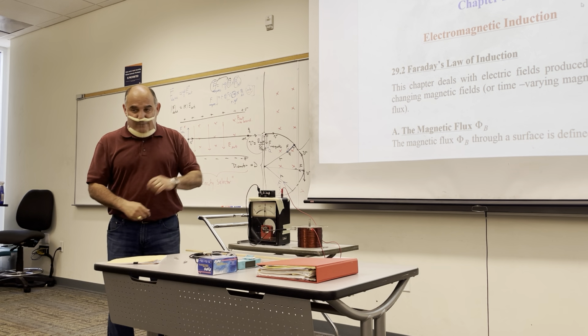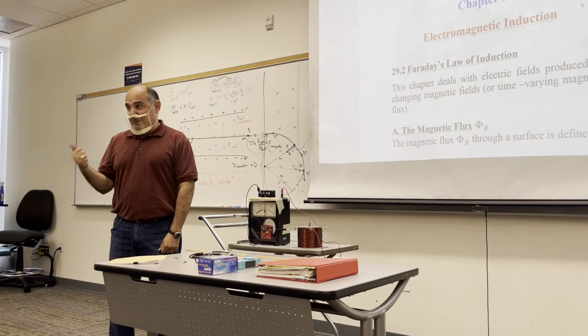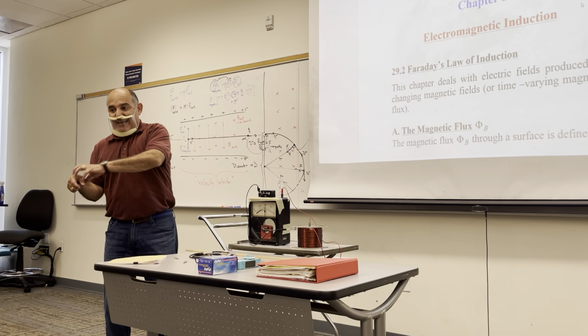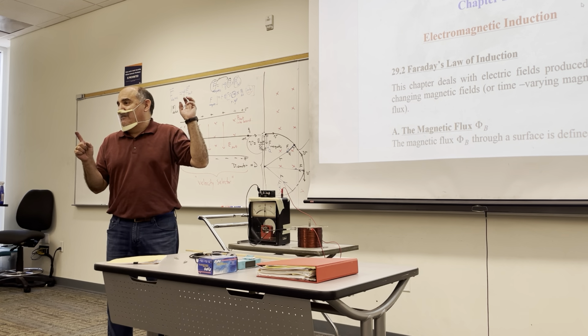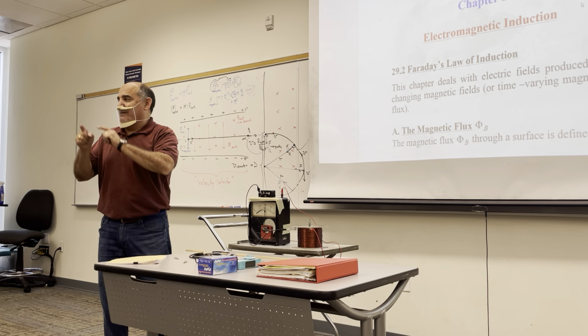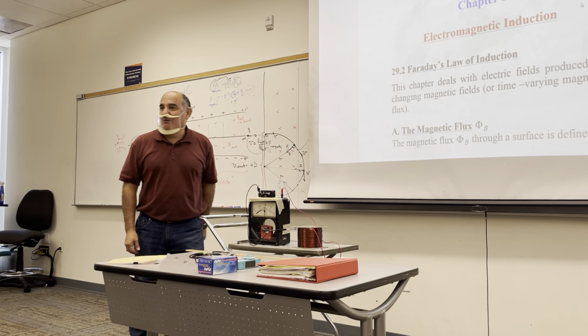So if I want to make a current, all I need to do is pull the magnet out. Because right now there is a magnetic field through the coil. If I pull it out, the magnetic field is going to be 0. As I was pulling it out, the magnetic field was changing. The amount of it through the coil was changing. And during that process, there is a current in the coil. See? Pulled it out and there was a current.